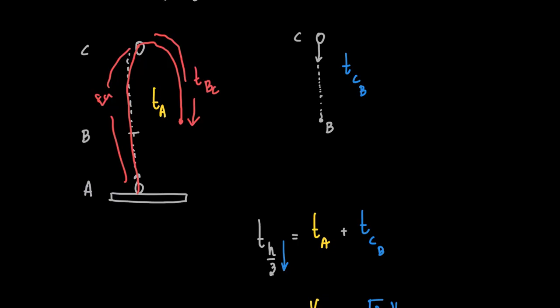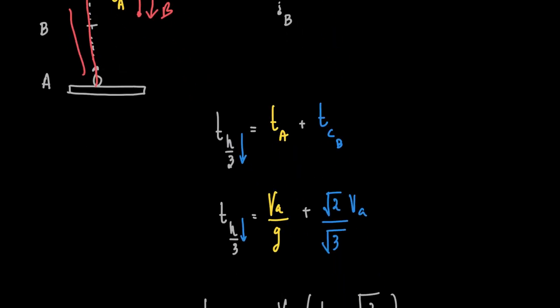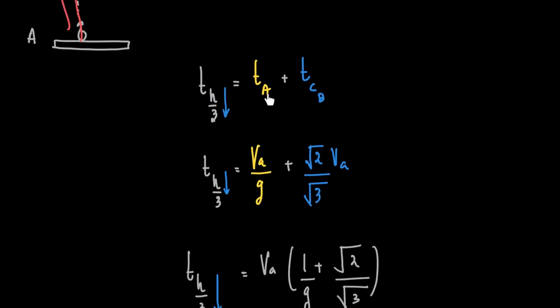Now, if I were to write this in equation, time to reach h by 3 height, while coming downwards, is actually equal to time to reach the apex position, or time of ascent, plus time to reach the same position from C, time to reach B from C. What is time to reach the apex position?